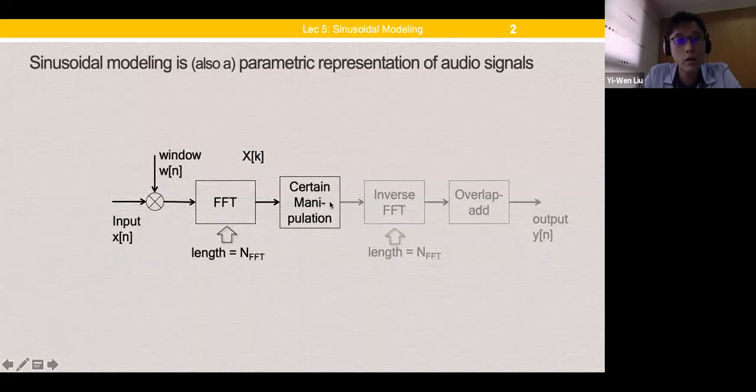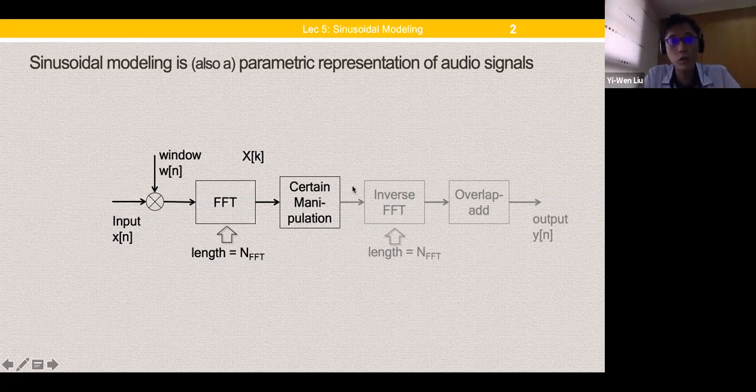So those are certainly some kind of manipulations. And then to produce the output, you pretty much do the opposite. Just invert every block: inverse Fourier transform, windowing, overlap-add. So this is like a nested structure with your manipulation being the centerpiece of consideration.